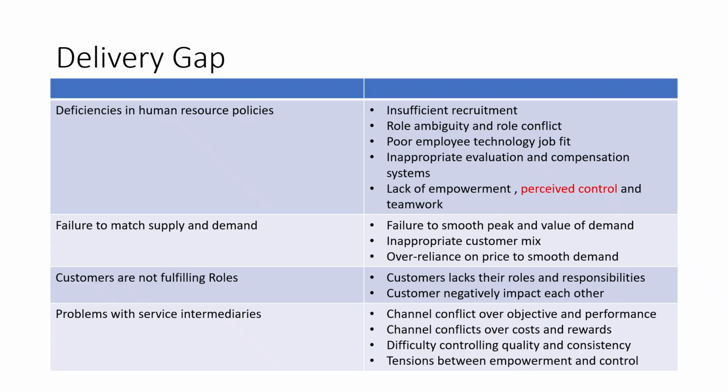Another reason is inappropriate evaluation and compensation systems. Sometimes companies measure or reward the wrong things. For example, rewarding speed instead of accuracy, or evaluating employees only by sales and not by service quality.